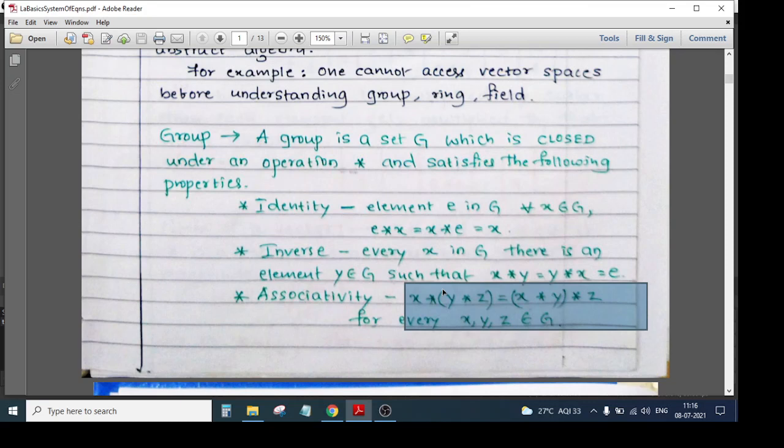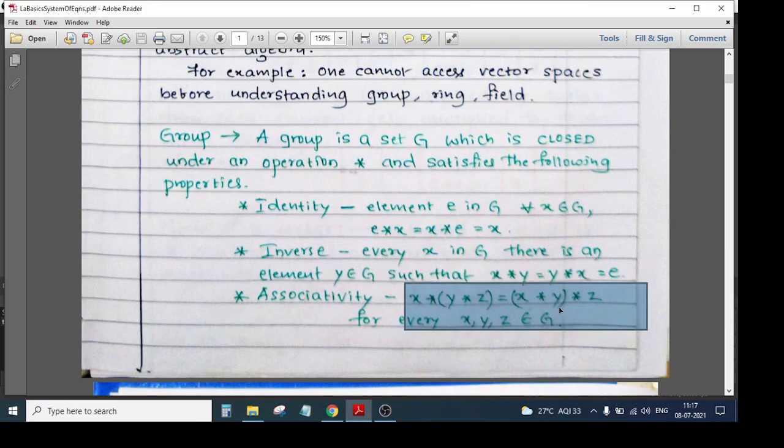The only small difference is in the placement of your brackets. Here first we are multiplying Y and Z, and here first we are multiplying X and Y. So this must be true. For this to be true, we should choose our X, Y and Z such that they belong to the group G. So this is your associative property, that is, X multiplied by the bracket Y and Z must be equal to X multiplied by Y, first multiplying X and Y, and that answer is multiplied with Z. So this is the meaning of your associative property.